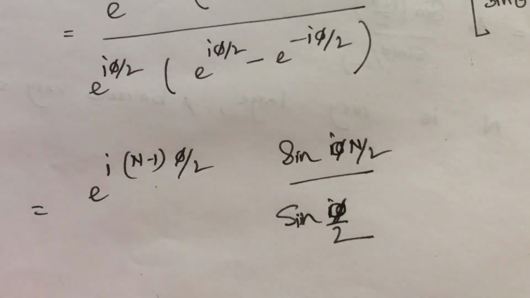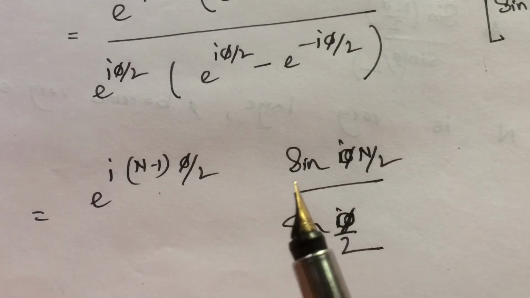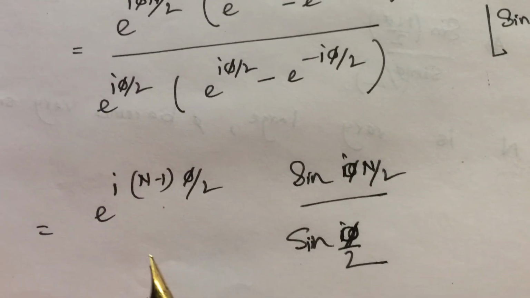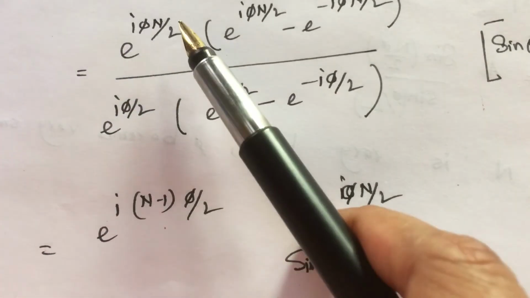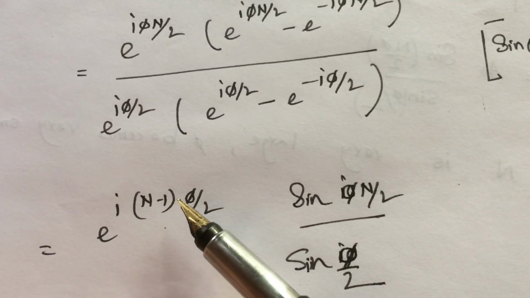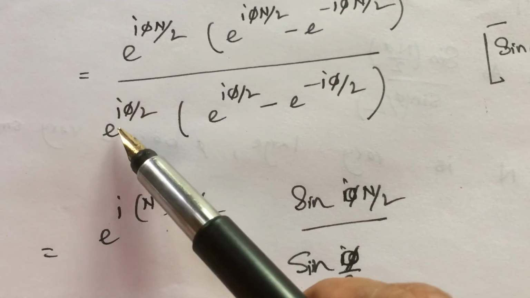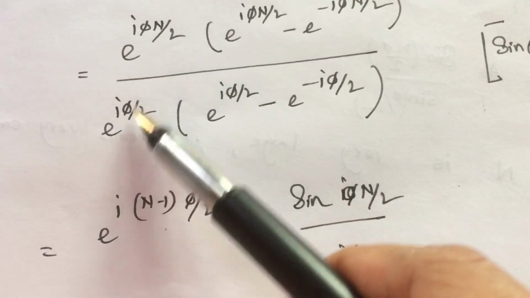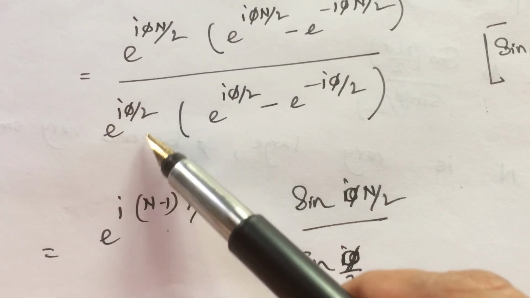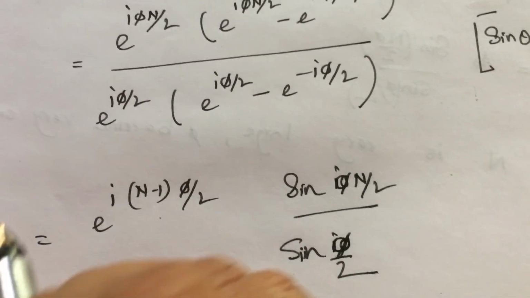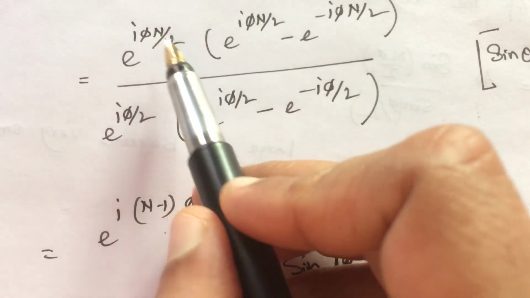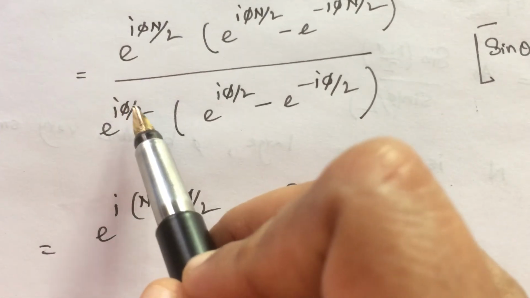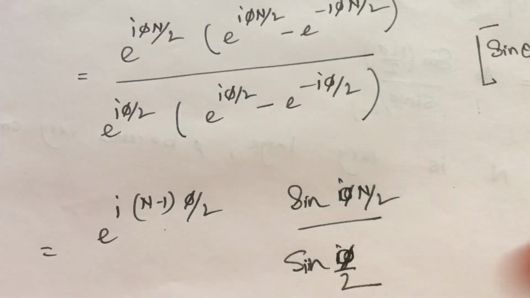So my fraction now becomes sin nφ by 2 by sin φ by 2, and this will give me e to the power i(n minus 1) into φ by 2. I have taken e to the power iφ by 2 to the numerator, and it will then become e to the power minus iφ by 2, which means this will be e to the power iφn by 2 minus iφ by 2, this one.